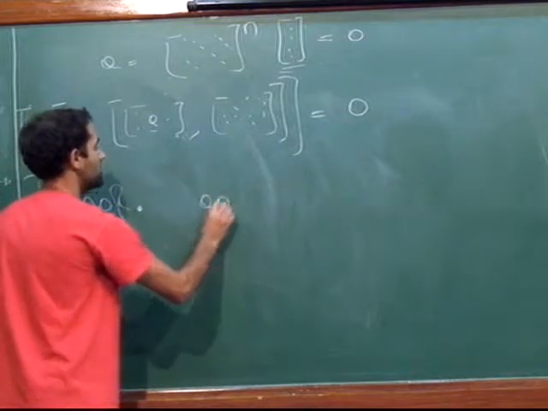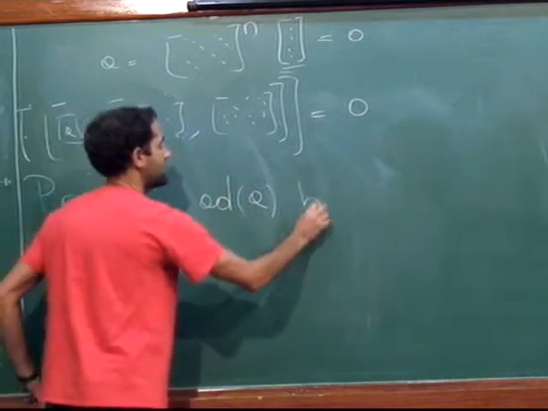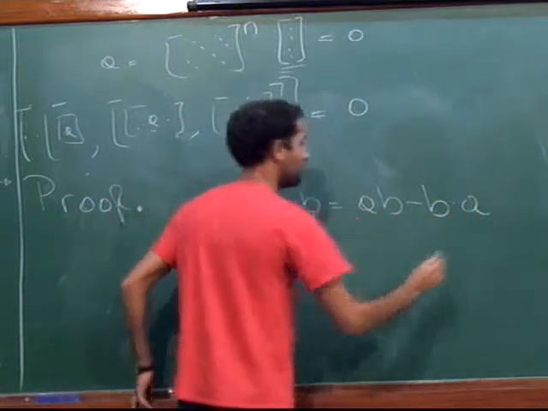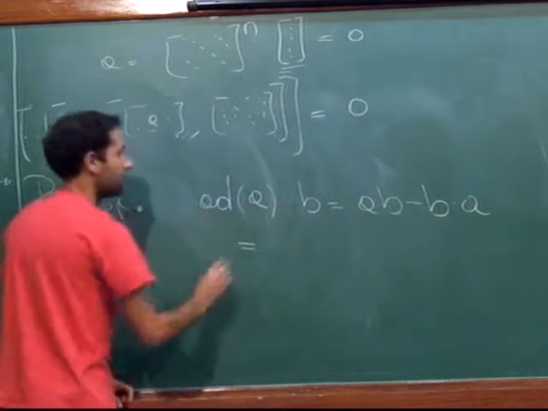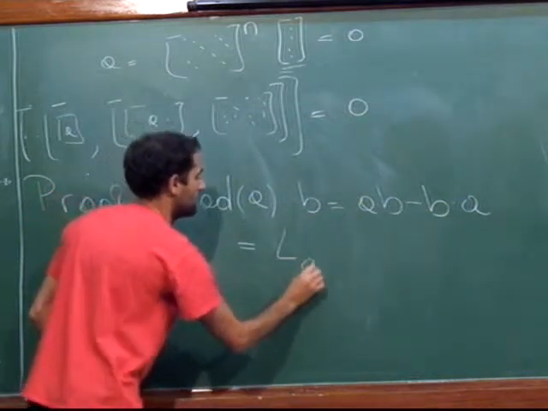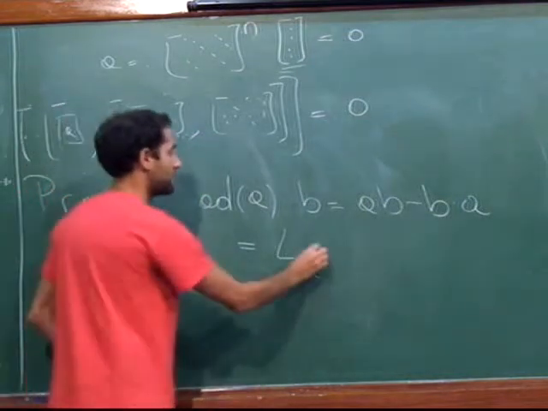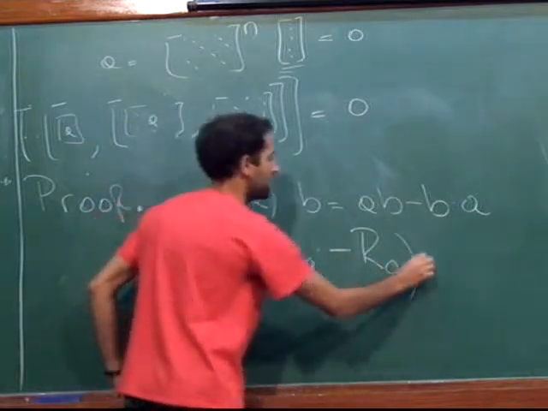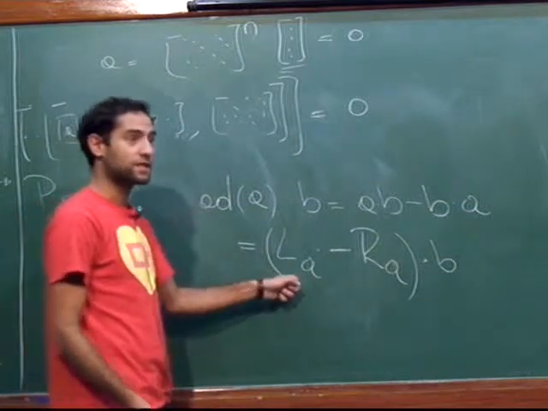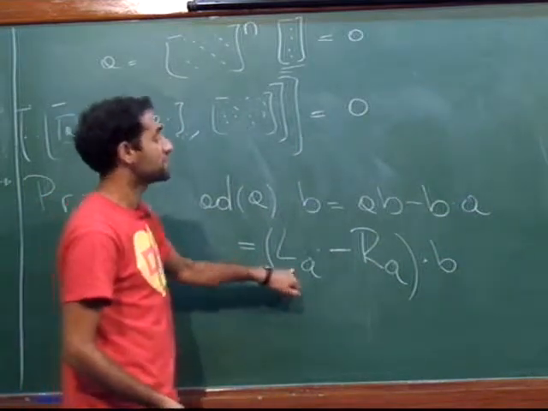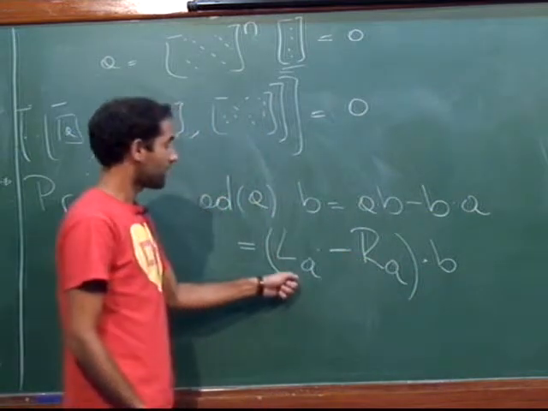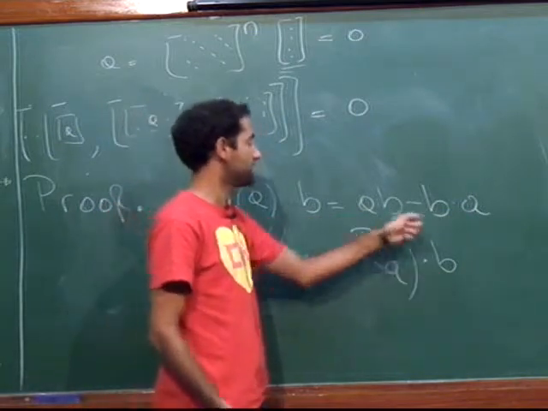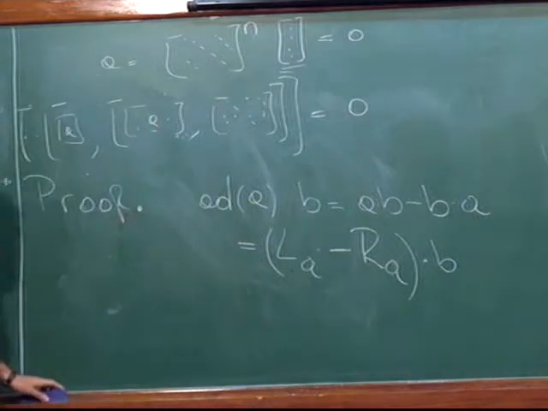So the adjoint of A acting on B is, by definition, A times B minus B times A, which is the same thing as left multiplication by A acting on B minus right multiplication by A acting on B. So these are just operators, endomorphisms of GLV, where LA of B is just AB, and RA of B is just BA. So far I'm saying trivialities.